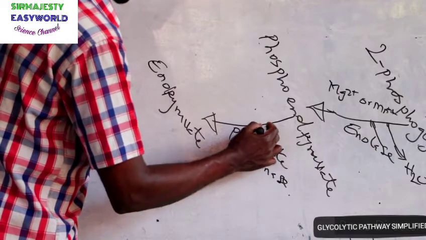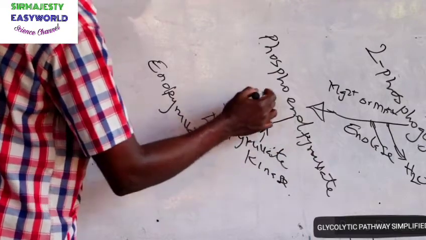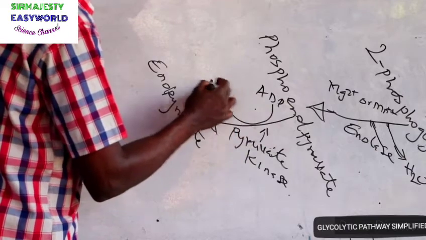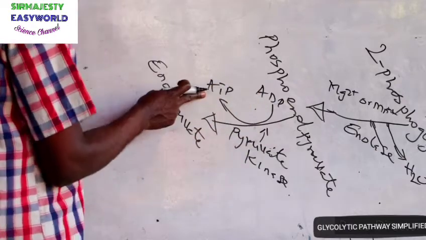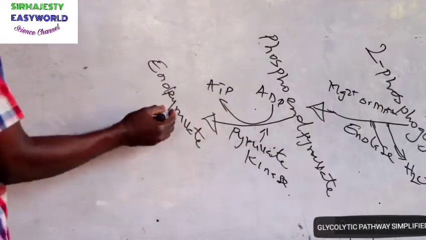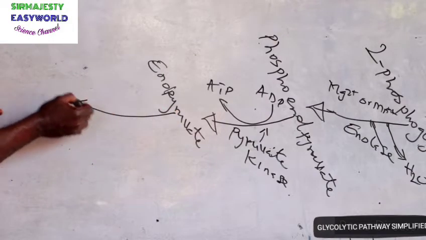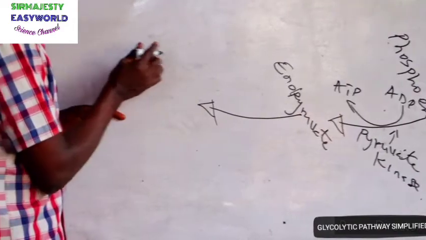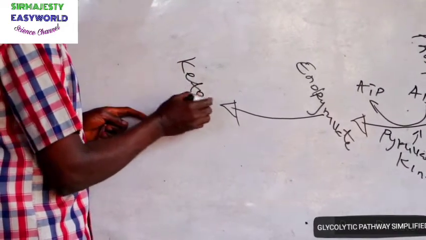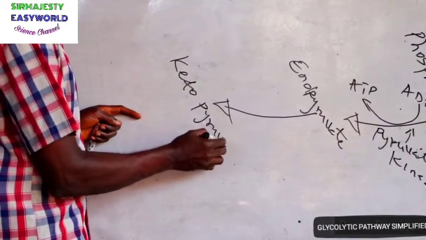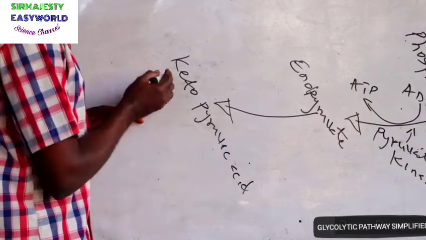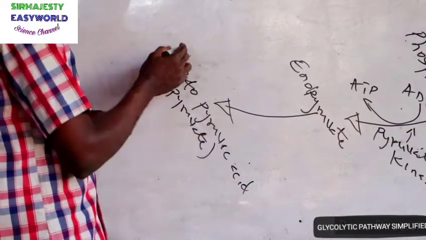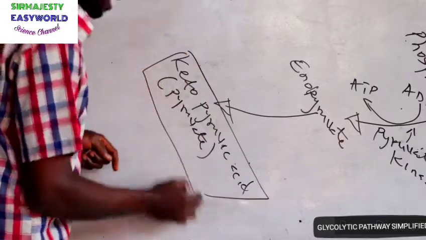At this level also, there is conversion of ADP to ATP, so it's energy yielding. Then this spontaneously is converted to ketopyruvate or ketopyruvic acid. And that's what we call pyruvate. And that's the end of glycolysis.